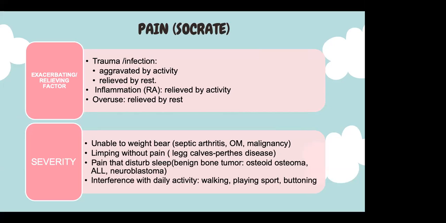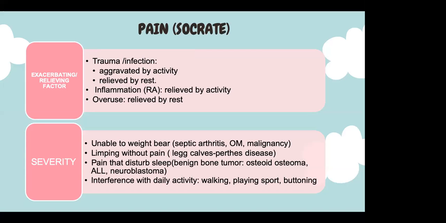As for severity, you have to know if the pain has affected the daily activities of the child, which can indicate prompt, urgent treatment. For example, if the child is unable to bear weight, you must think about septic arthritis, osteomyelitis, malignancy, or transient synovitis.